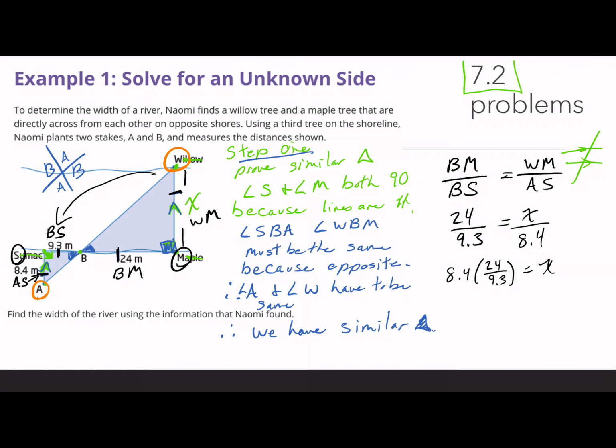When you do that, you're going to get an X of approximately 21.667. And since we wanted it to the nearest meter, we round up to 22. So therefore, the width of the river is approximately 22 meters.